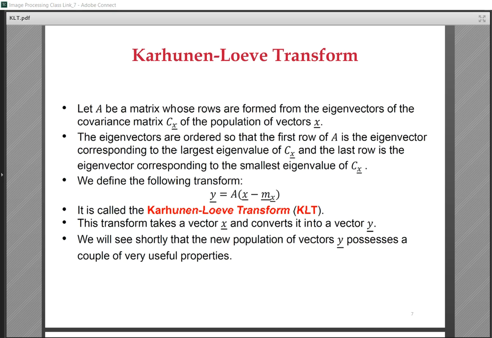Y is a new vector: y = A(x − mx). mx was the mean of the population, x was the population of vectors, and A was the eigenvectors of Cx, the covariance matrix of the vectors. This is called the Karhunen-Loeve Transform. Y is A(x − mx). And we see in the new slides some properties of this transform.